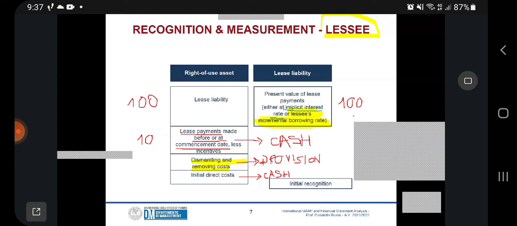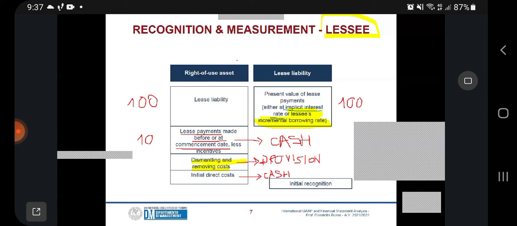On the other hand, a right of use asset is recognized for an amount that is equal to the amount of the lease liability plus any payments made at or before the commencement date, plus, if any, the estimate of the dismantling and removing costs. This is the initial recognition. Is this clear for everybody?